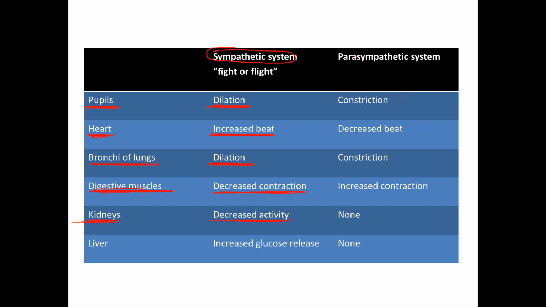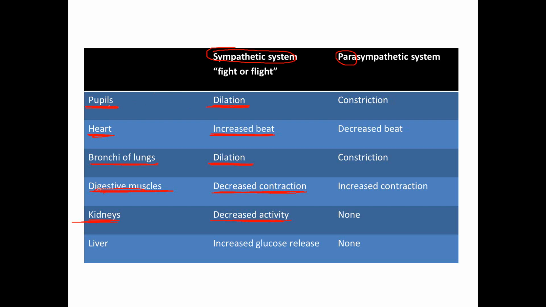Now the parasympathetic nervous system doesn't mean that it's doing reactions that are not useful for the body. What it's actually doing is acting as a balance for the sympathetic system.